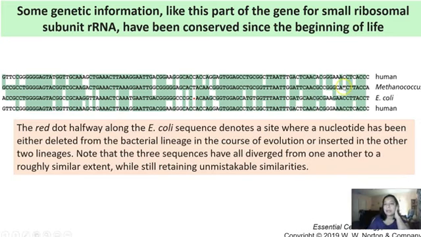You see that even comparing E. coli or Methanococcus and looking at the human sequence comparison between them, most of the genes are conserved. Most of the nucleotide sequence is conserved.